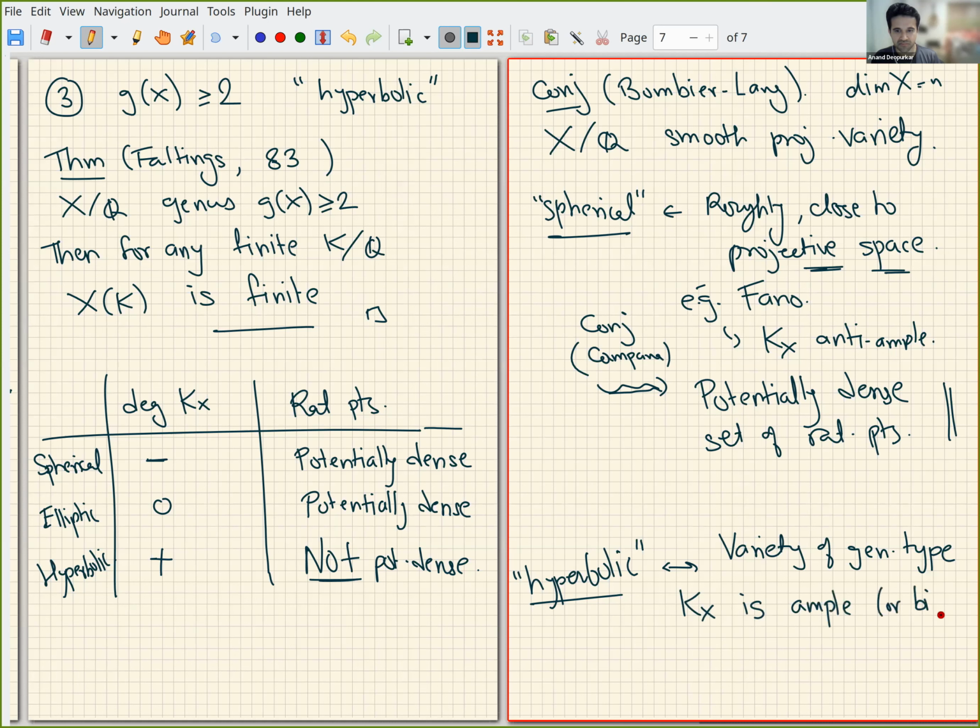Or there's a word called big, which is not quite ample, but close to it. But that's the analog of the positivity here. Okay? So this was the analog of the negativity here. Then there's a conjecture of Lang-Bombieri that the rational points are not potentially dense.